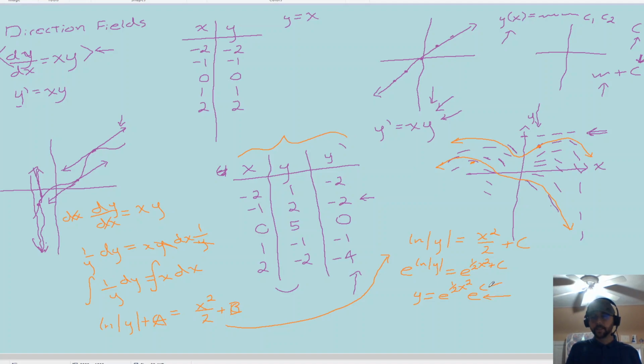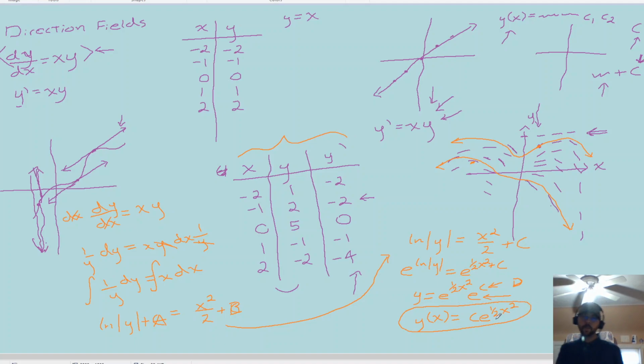C is a constant, so we can just change these into a new constant. You could call that d, and that would probably be a little more proper, but usually all of these steps are skipped and everybody just calls it c, so I'm going to call it c. So y, again, this is y of x, y and y of x mean the same thing, equals c e to the 1/2 x squared. And this is the general solution to our differential equation.